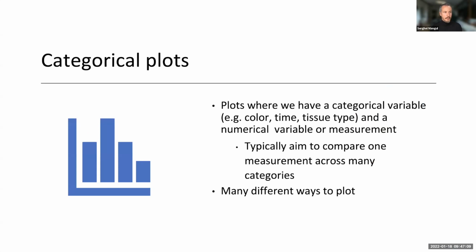So we have some measurement across tissue type, let's say. The goal is to compare one measurement across many categories. For example, number of lymphocytes across tissue types, or across individuals. How about across case controls? We have the measurement, number of lymphocytes, and we have case controls. So we want to compare if the number of lymphocytes is increased in the cases versus control. There are very, very many different ways to plot, so we'll cover some of them.